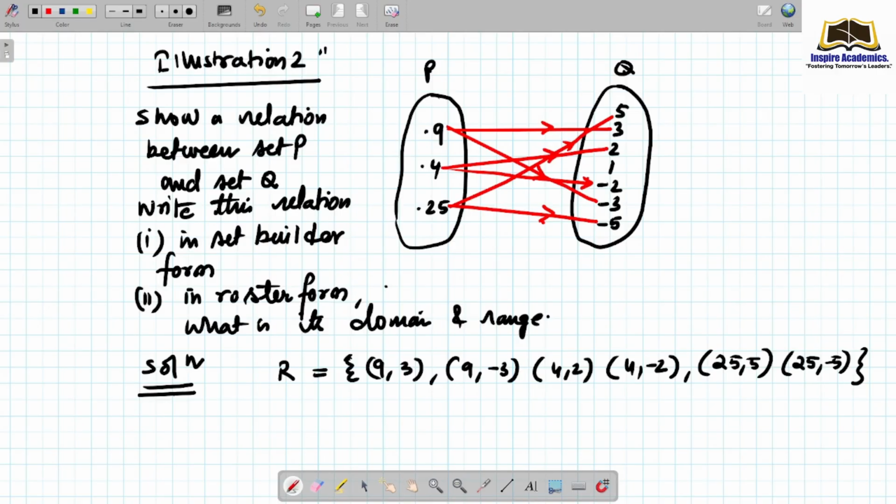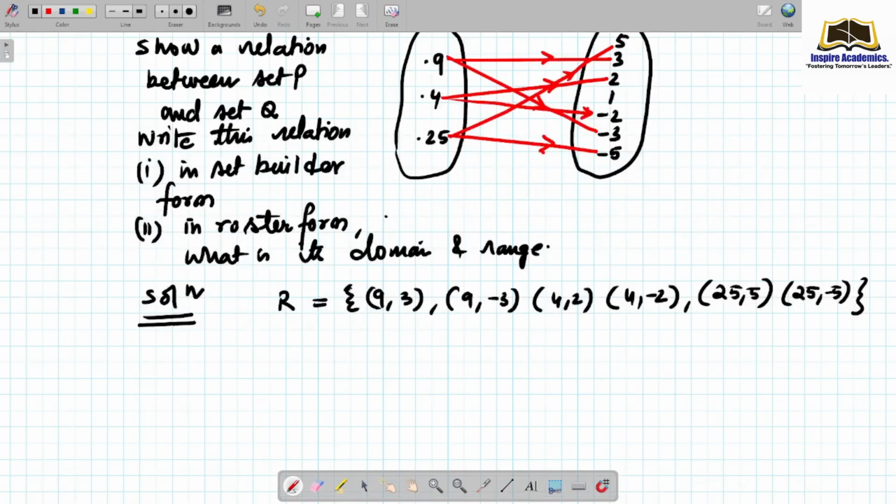And now can we write it in the form of set builder? So this is in roster form, and now in set builder form.